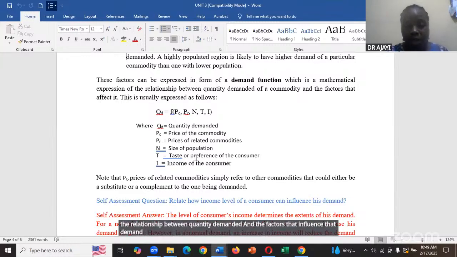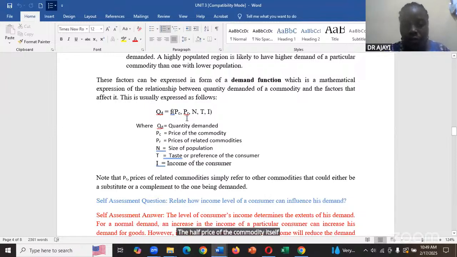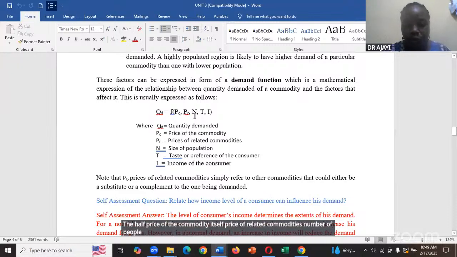Now, if you look at this, we have quantity demanded as a function of all this. We have the price of the commodity itself, price of related commodities, the number of people or the size of the population that are consuming, then the taste or preference of the consumers, then the income of the consumers.